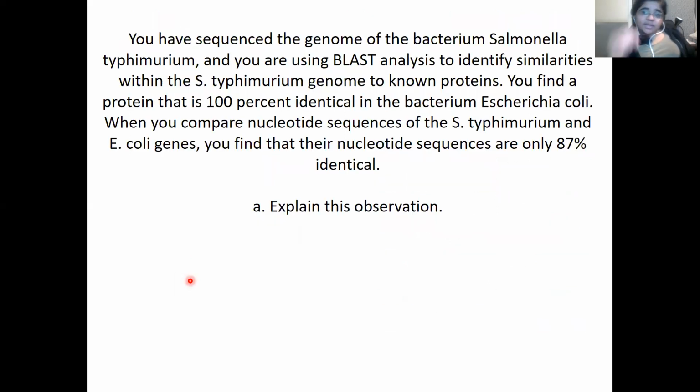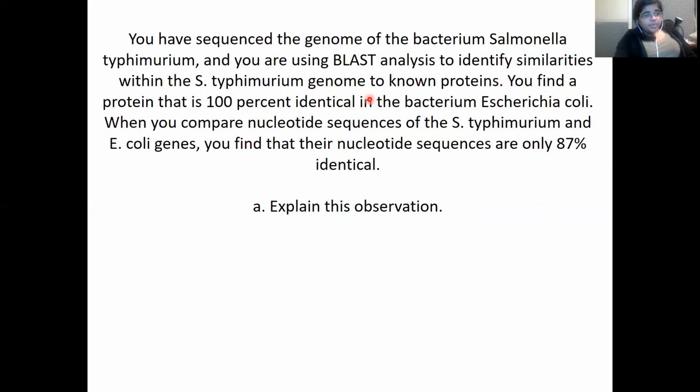Okay, so this is another question. You have sequenced the genome of the bacterium Salmonella typhimurium. You are using a BLAST analysis to identify similarities within the S. typhimurium genome to known proteins.